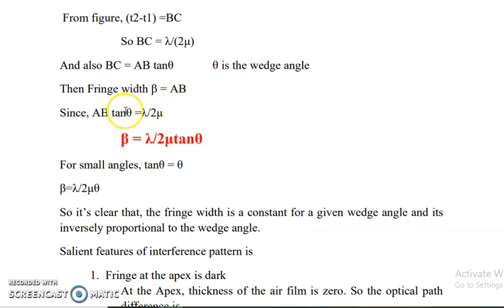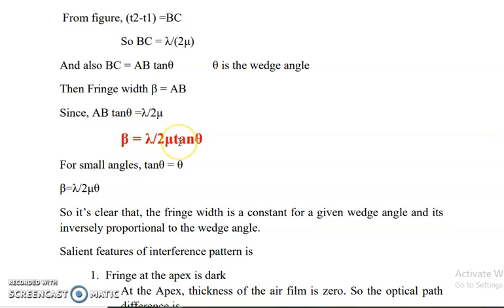Now AB tan theta will be equal to lambda divided by 2 mu, because BC is equal to AB tan theta. Then beta into tan theta will be equal to lambda divided by 2 mu, and beta will be equal to lambda divided by 2 mu tan theta.